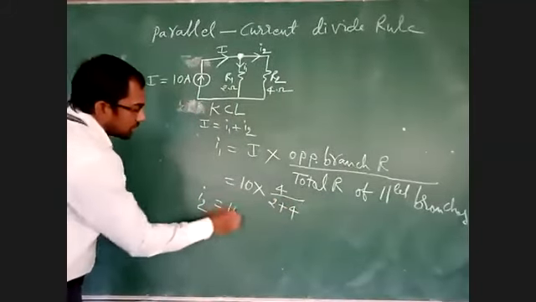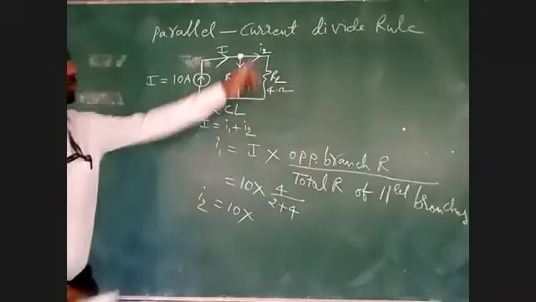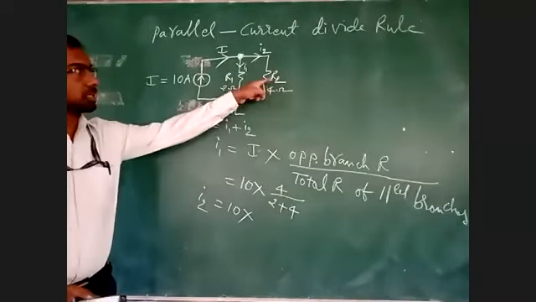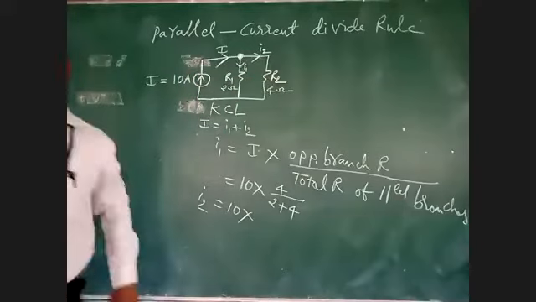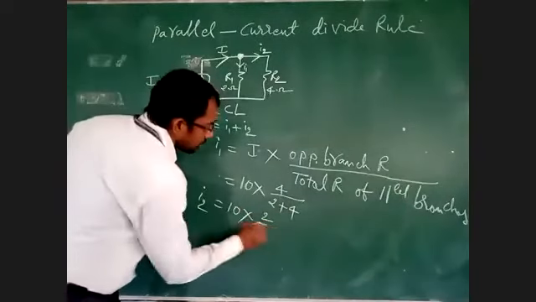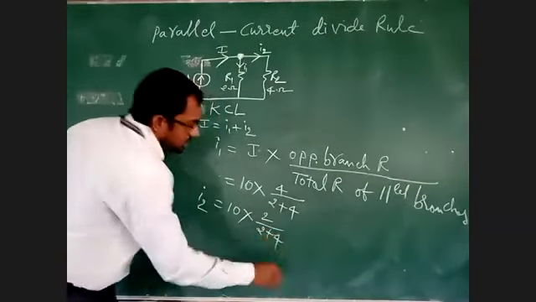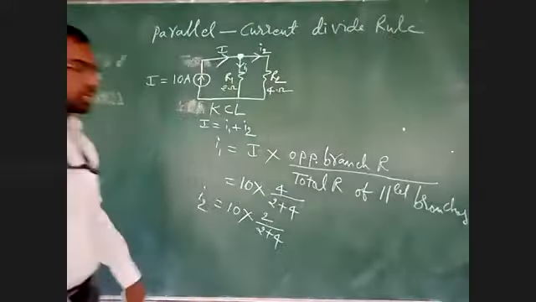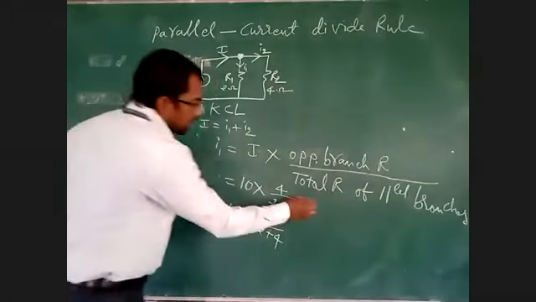Similarly, I2 is equal to total current, I2 is flowing in R2. For I2, the opposite branch is 2. 2 by total resistance of parallel branches, 2 plus 4.